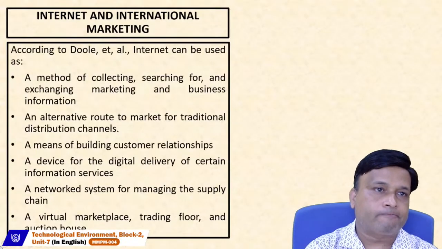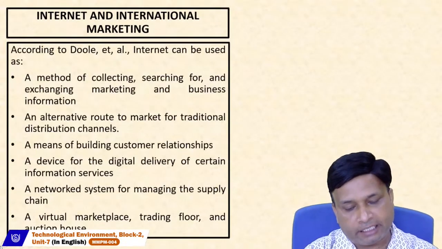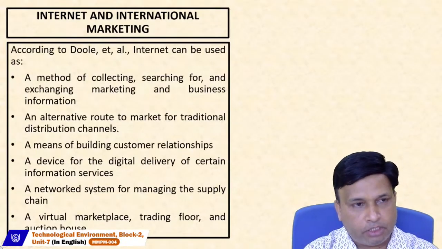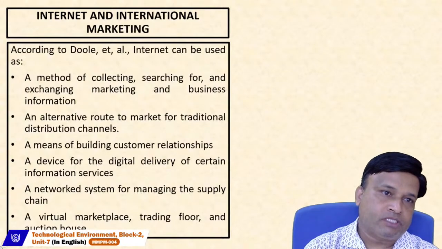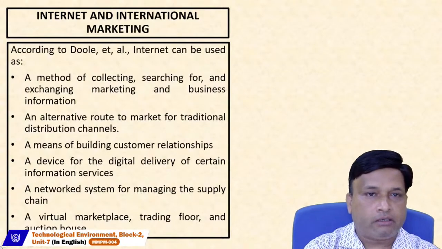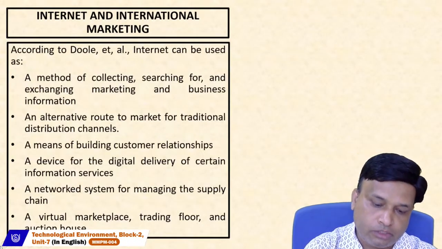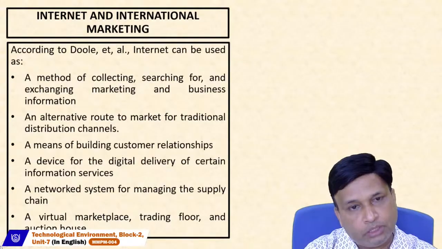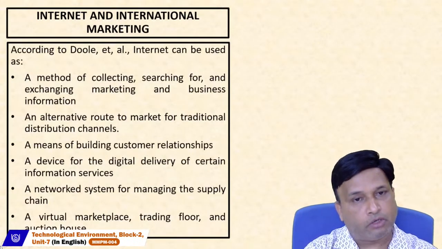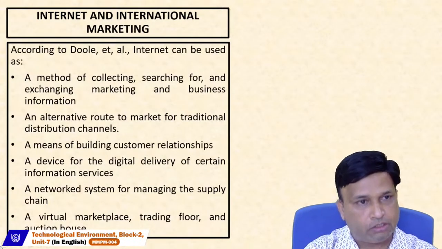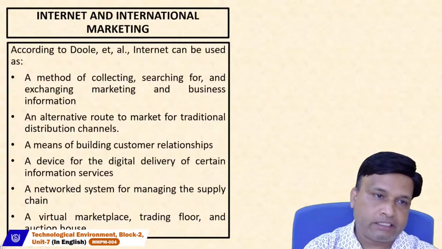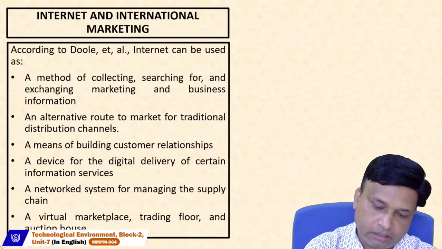Next we talk about the internet and international marketing. According to Dole, the internet can be used in various ways, as we have already talked about technology. The first way is to collect data, source, and exchange marketing and business information.